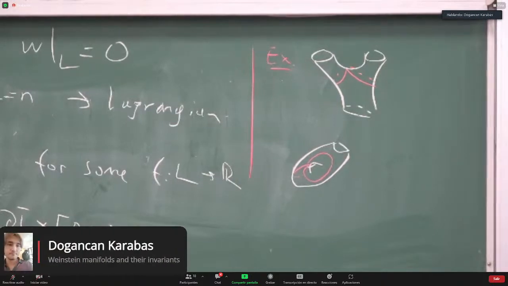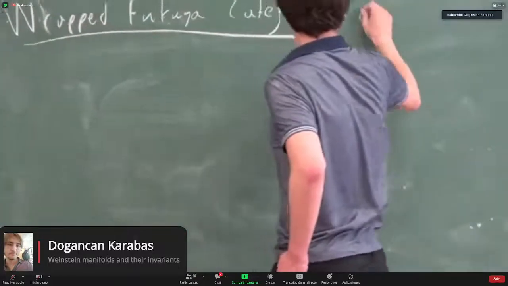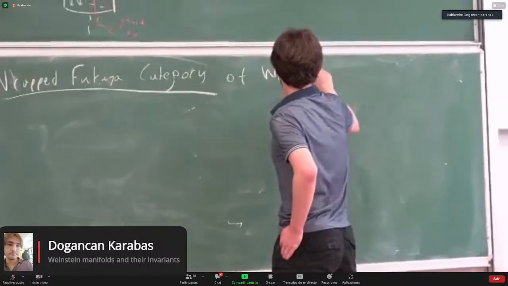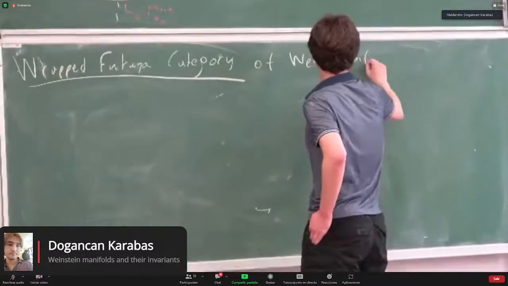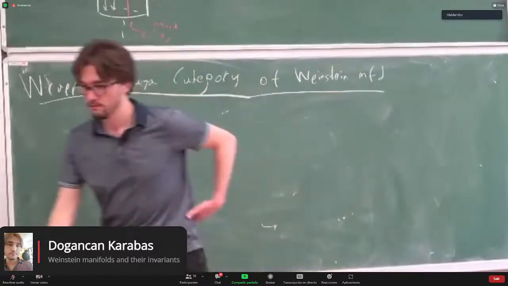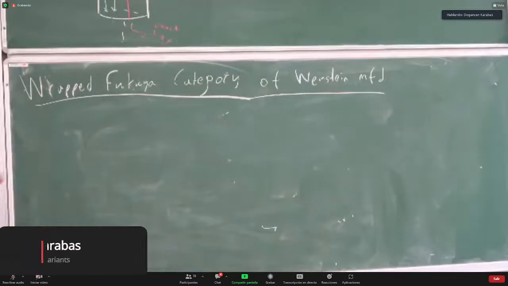The fact that the topology of such an affine variety goes only up to half the dimension is a statement that the study of such a Weinstein manifold can be reduced to the study of this Lagrangian skeleton, which is half dimensional.